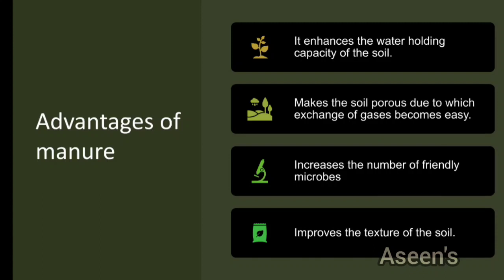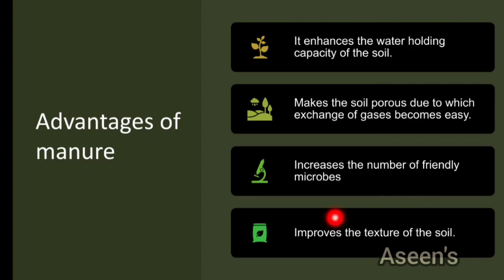As it decomposes, your soil will get better and better, in terms of nutrients and fertility. For that to happen, you need those friendly microbes which help in decomposition and increasing the fertility of the soil. Once you add manure, these friendly microbes will increase in number. So it is going to help the farmers.